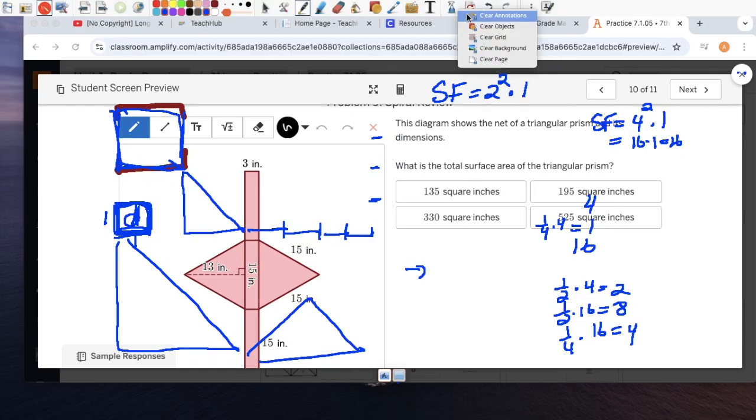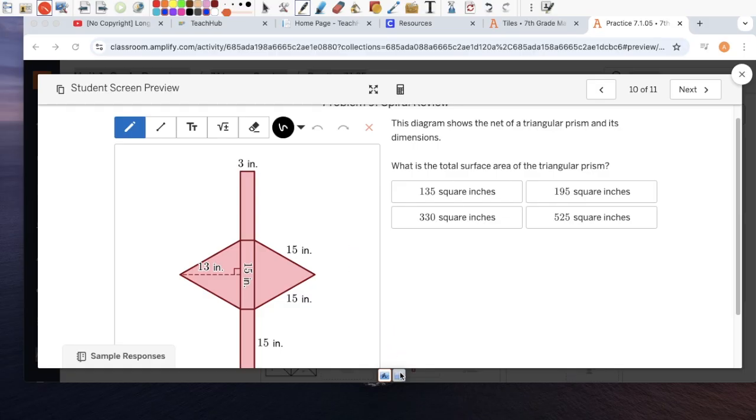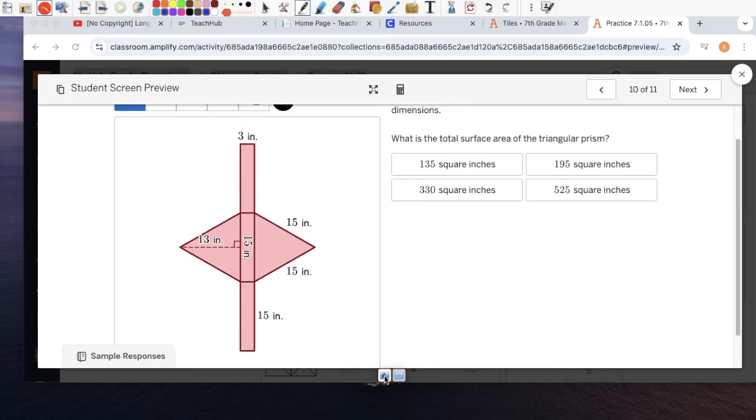The last problem is surface area. So we just have to find the area of all these shapes, add them up, and we are good. Let's start with the rectangle over there. For the small rectangles, the base is 3, and this is 1.5.